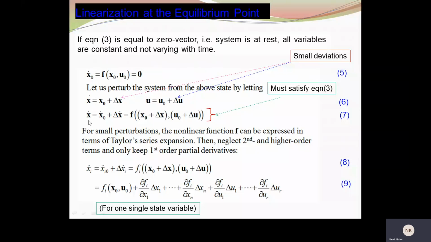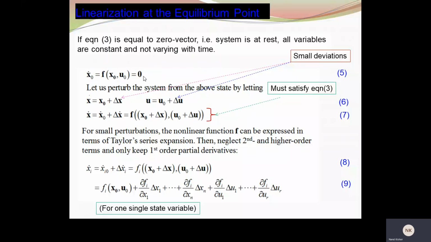Then the differential equations we can write in this form, where the nonlinear function is a function of the new state quantity and the input quantity. However, this equation 7 must satisfy equation 3 as well. Now, equation 5, which we have here, indicates the equilibrium point.